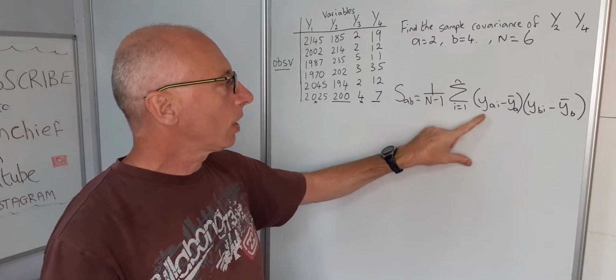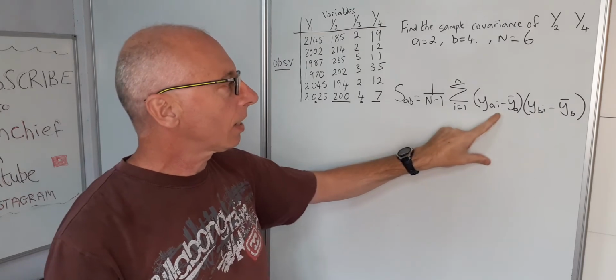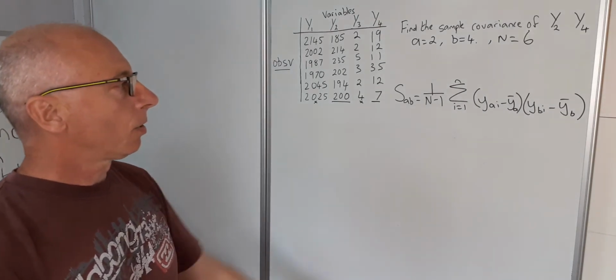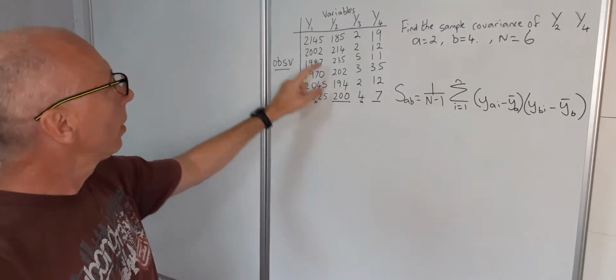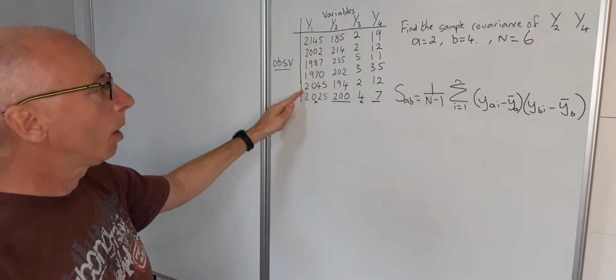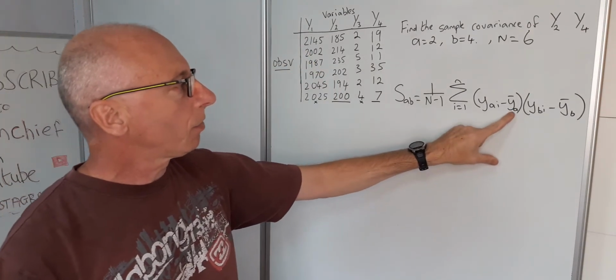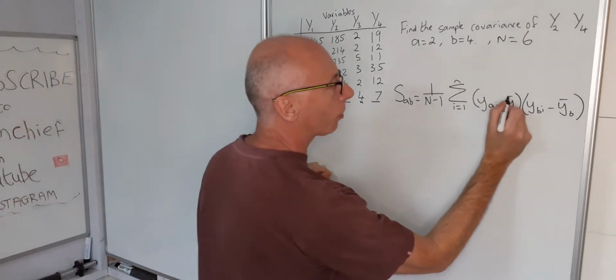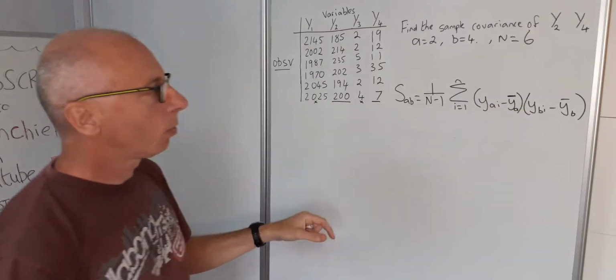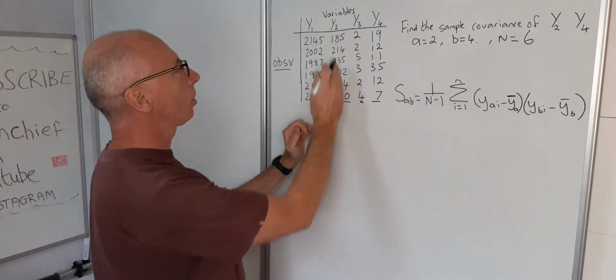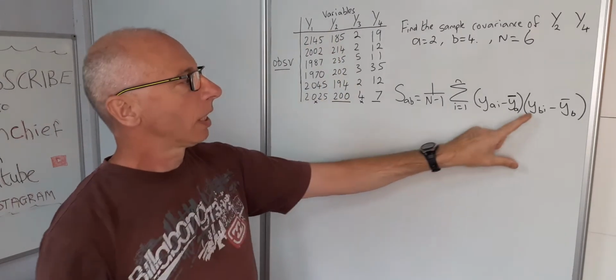Then it's the summation of, it looks like, the deviation of each multiplied together. So YAi, the corresponding observation for each variable, is subtracted from the mean. The line above is the mean, so Y bar means the mean of this, in this case Y2.